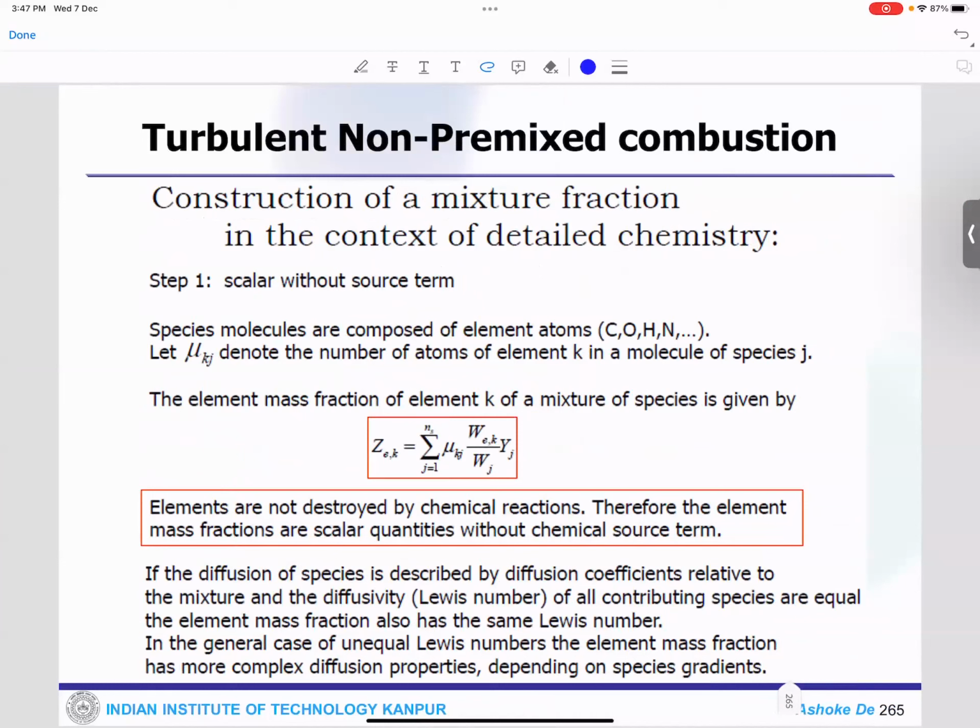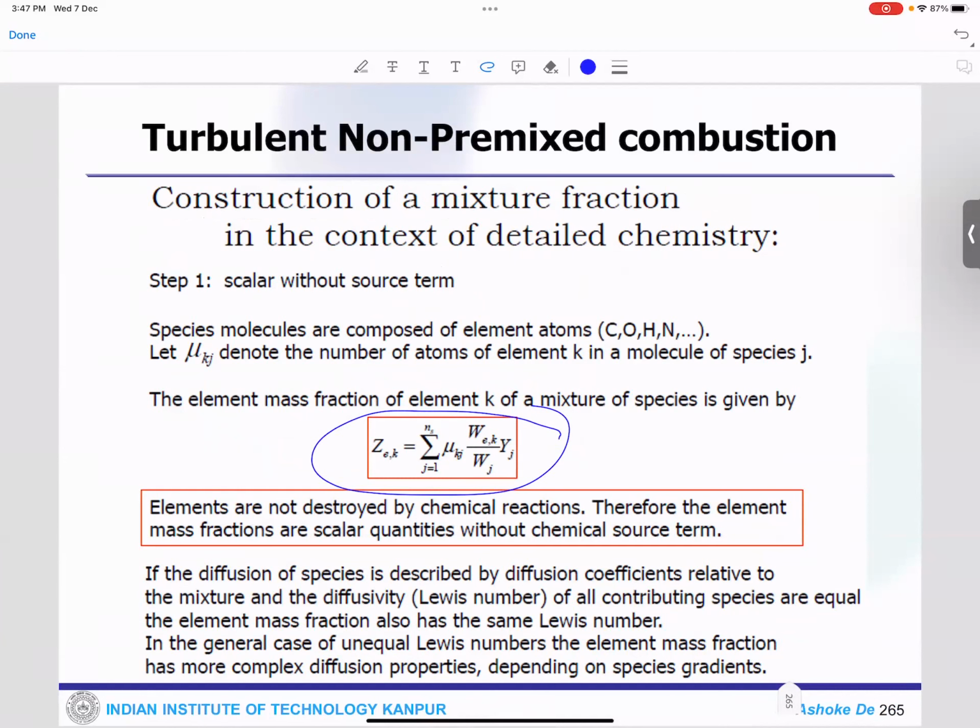But if you have multiple species with elements, then this is a formula which is given by Bilger. One can use that to calculate the mixture fraction. If you have only one fuel and one oxidizer, single component and single element, then it's very easy. But if it is not the case, then you have to use some sort of a slightly modified approach to calculate the mixture fraction.